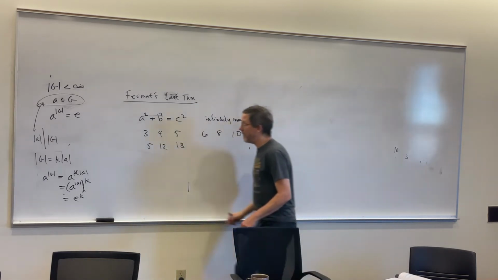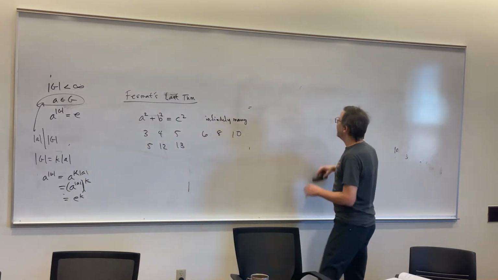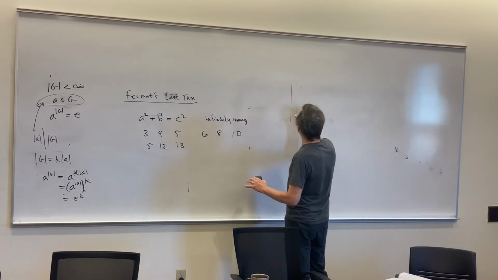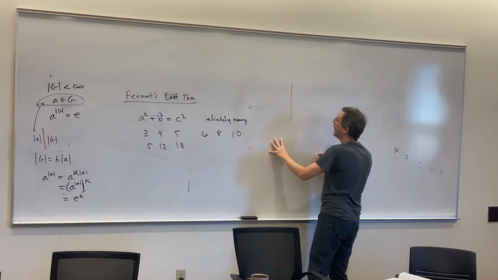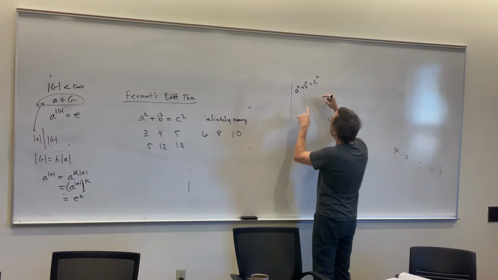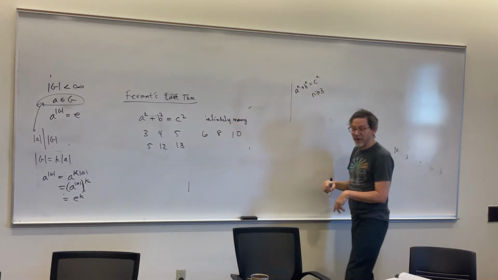So Fermat hypothesized in his notes, this was found after his death. He was doing some work with all this stuff, and in the border of one of his problem notebooks, he wrote that a to the n plus b to the n equals c to the n has no integer solutions if n is 3 or more.